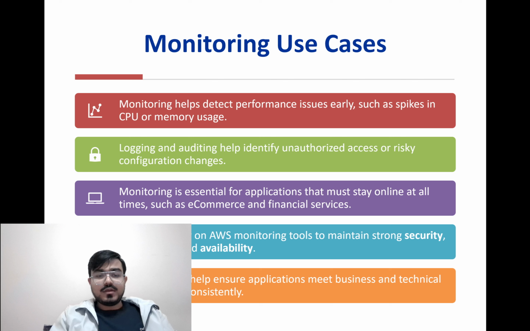If a configuration violates company policy, AWS Config lets you know immediately. So companies rely on AWS monitoring tools to maintain strong security, compliance, and availability. These tools are essential for maintaining security, performance, and availability in production systems, and to keep their applications healthy and reliable.